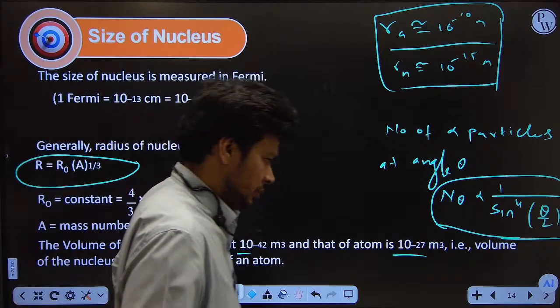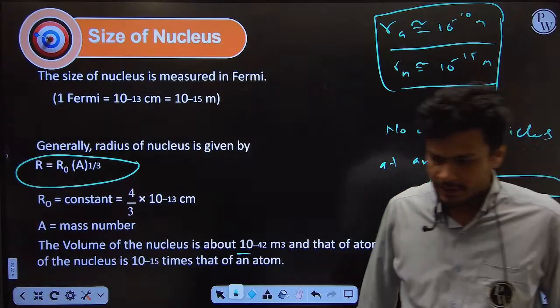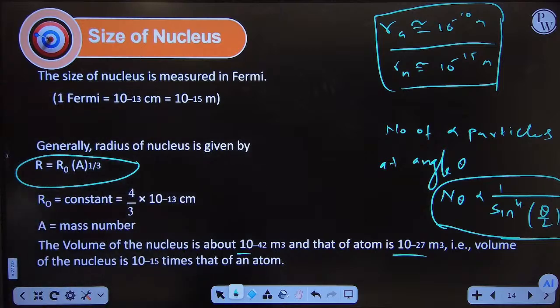Okay, so overall, there are 6 things in this model: 3 theoretical points, 3 mathematical points.